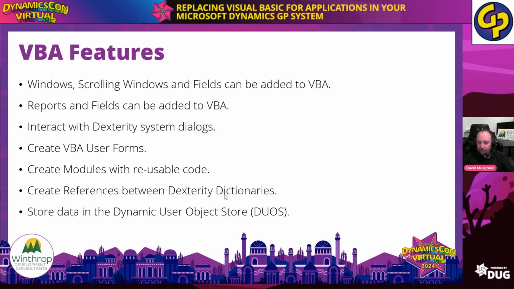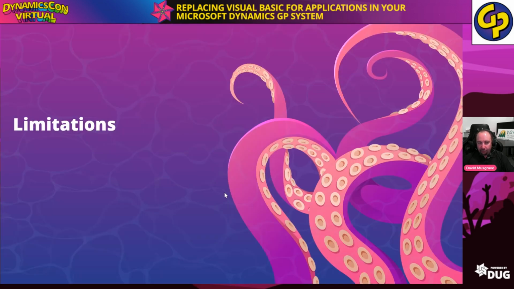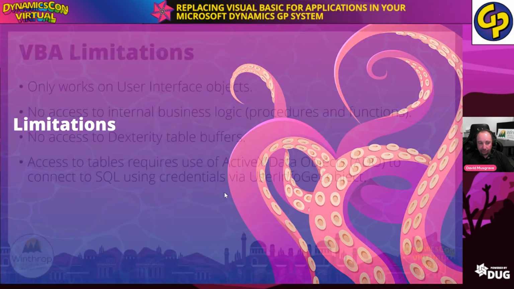You can also create references between Dexterity dictionaries. So one window in, let's say, the Dynamics dictionary can call something in the project dictionary. The easiest way to store data is using the Dynamic User Object Store, which is actually the SY90000 table in the company database. But you can also use ADO if you wanted to.